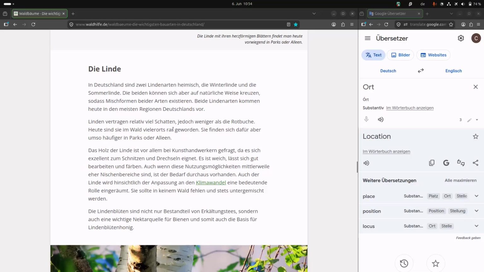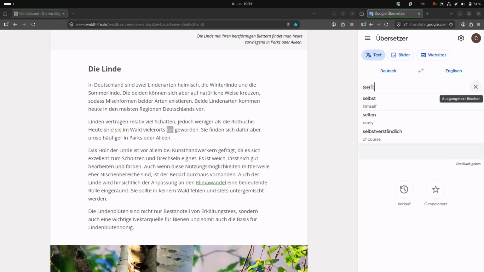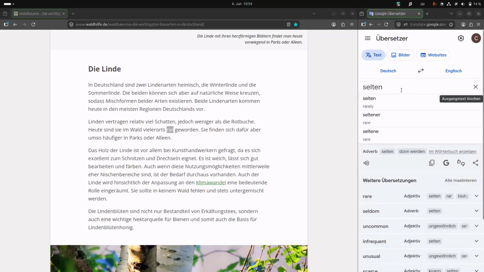Rar, which is probably an older word because as English derives from German, this was probably the older word, and this is what English still preserves in its language, whilst German has adapted a new word, which is selten. And in English it's rare, so this just means rare. Geworden, become, basically.